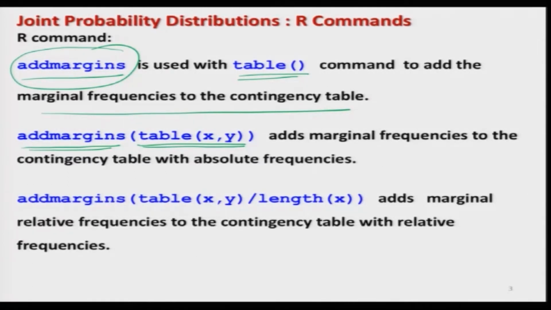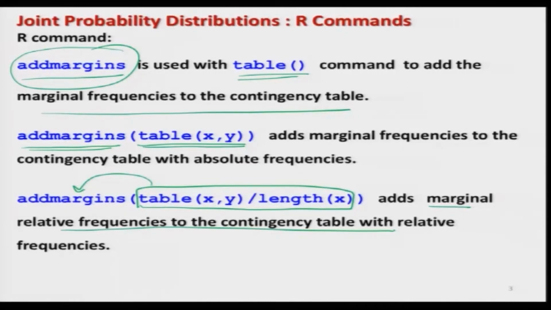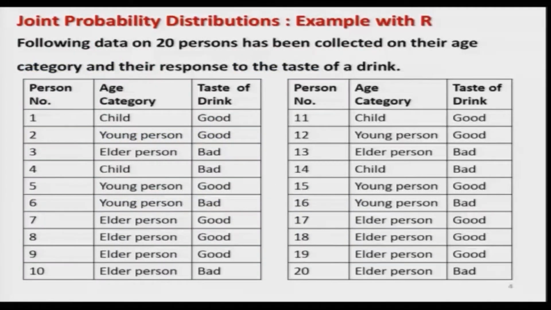And if I consider the relative frequencies, like table(x, y) divided by length of x, and then apply addmargins over it, it adds the marginal relative frequencies to the contingency table, which will have the frequencies in terms of relative frequency.